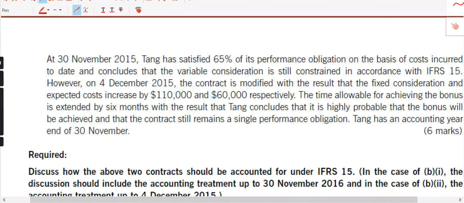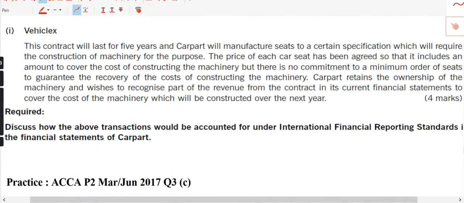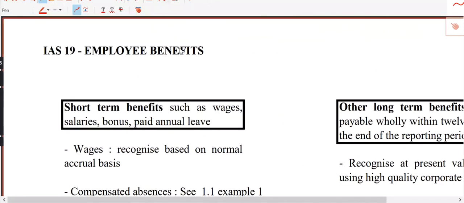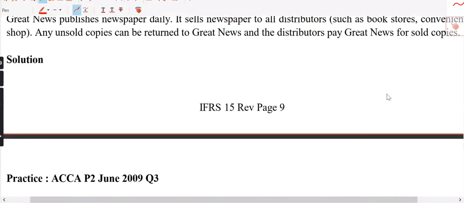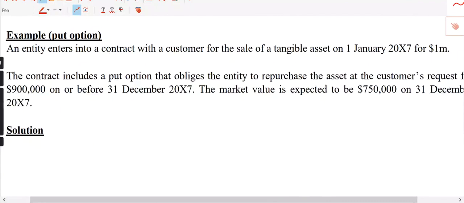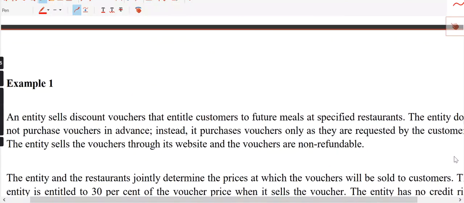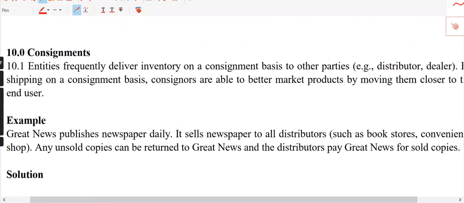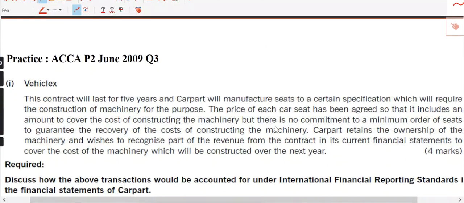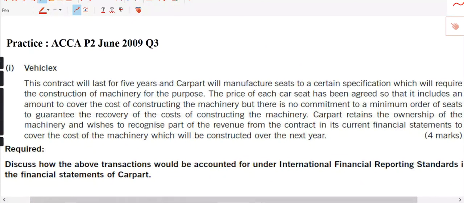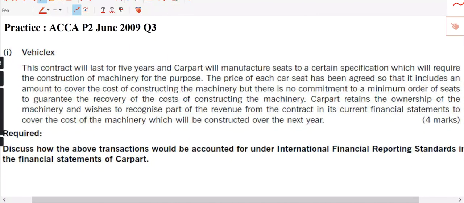With 4 hours, we should have enough time. If we are lucky, we can also look into IAS 19, employee benefits. But no rush. We already have the time budgeted. So we go at a normal pace here. If you have anything to ask, please ask, don't just keep it to yourself.